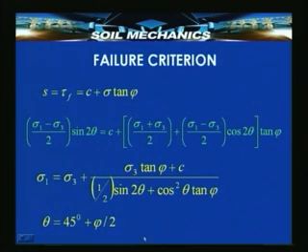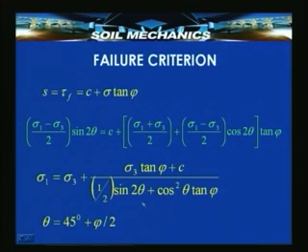This means that failure will take place along a plane which makes this critical angle 45 degrees plus phi by 2, provided the known states of stress sigma 1 and sigma 3 and the values of C and phi of the soil satisfy this relationship. The values of C and phi of the soil, which are known as the shear parameters, can be determined from the laboratory.